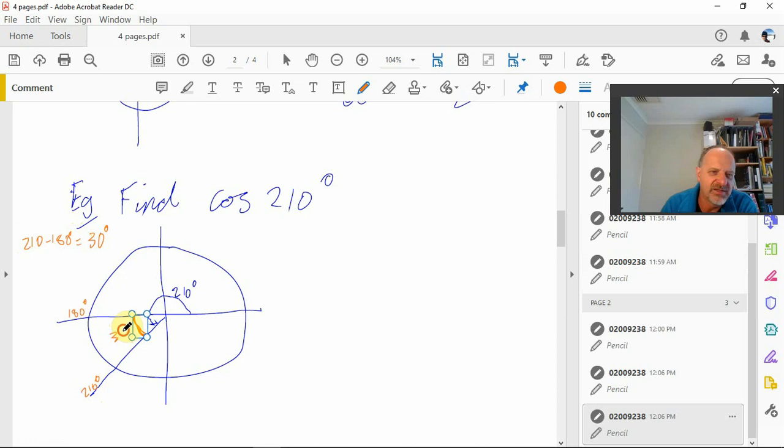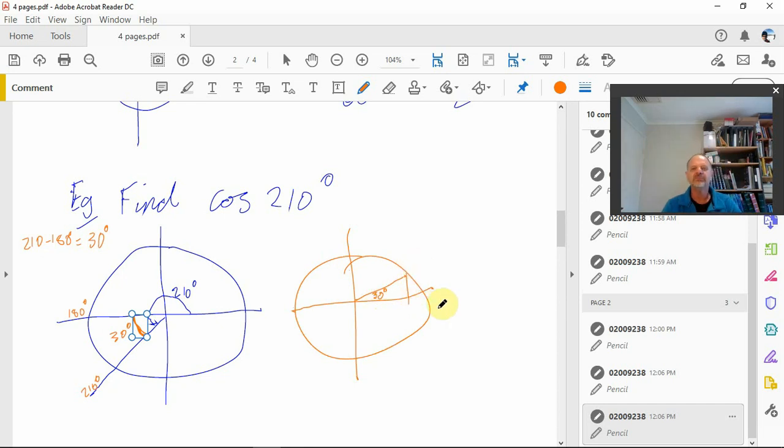Now that is what we would call our reference angle. And so we could come back to our first quadrant, and we've got an angle of 30 degrees here, and we're after the cos of 210. So the cos of 210 is related to the cos of 30.